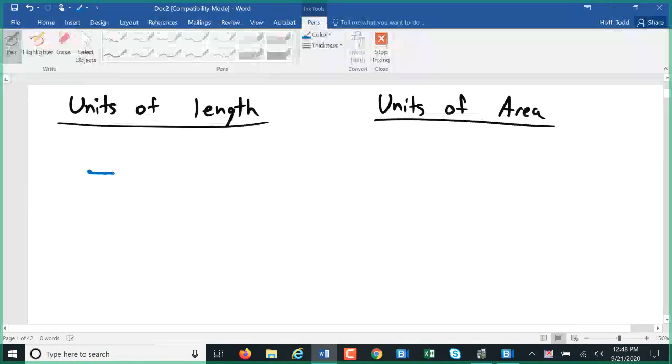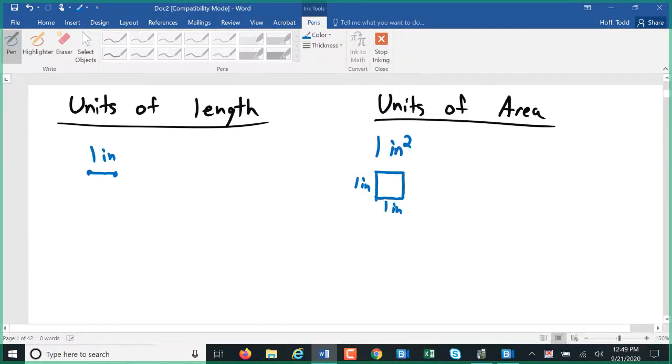If I give you a unit of 1 inch, that just means a distance from one point to the next. We've moved 1 inch. Units of area, of course, the related unit would be 1 inch squared, or 1 square inch. That's actually a square that's 1 inch by 1 inch that covers a surface that we call 1 square inch.